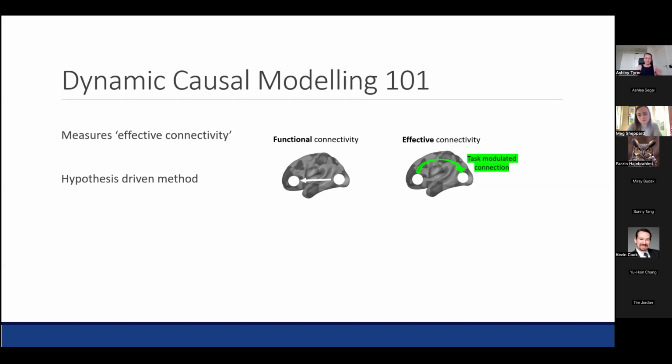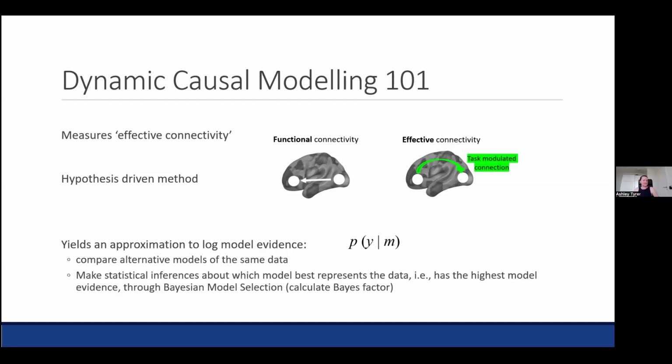Another great thing about DCM is that through this inversion that I mentioned before, according to a variational Bayesian scheme, you can yield an approximation to the log model evidence. And you can basically use this to compare alternative models of the same data. I stress the same data.